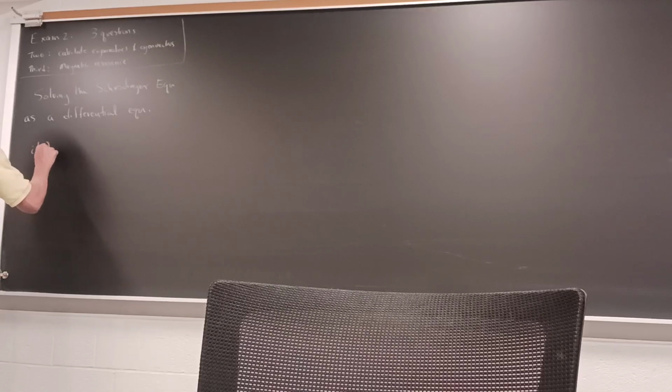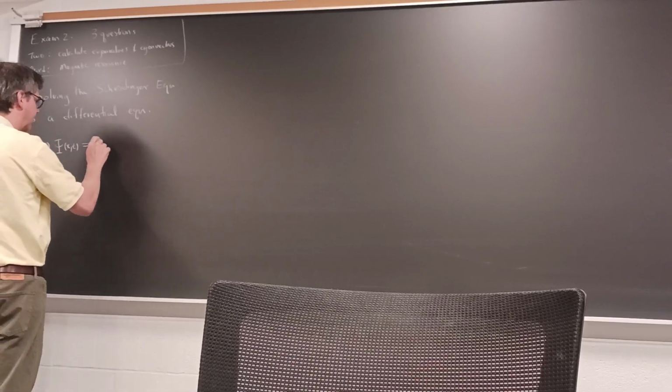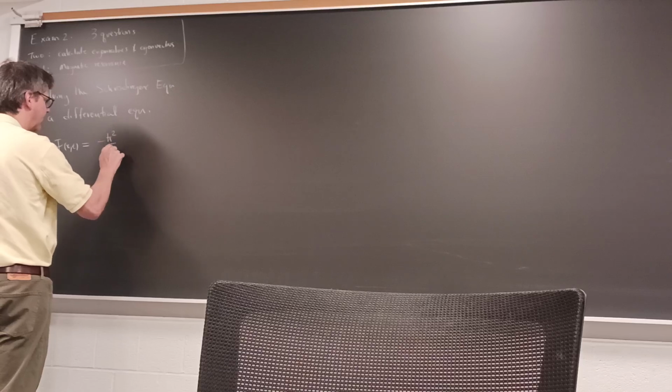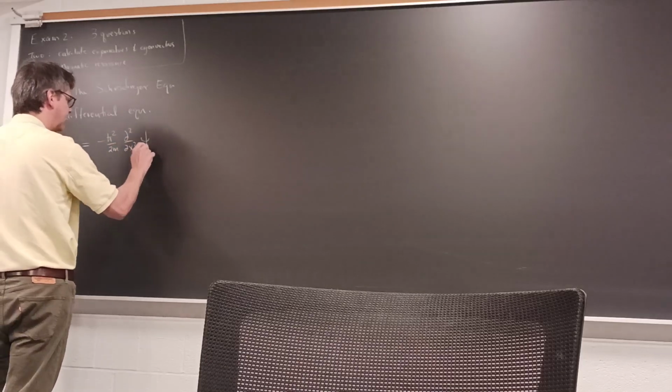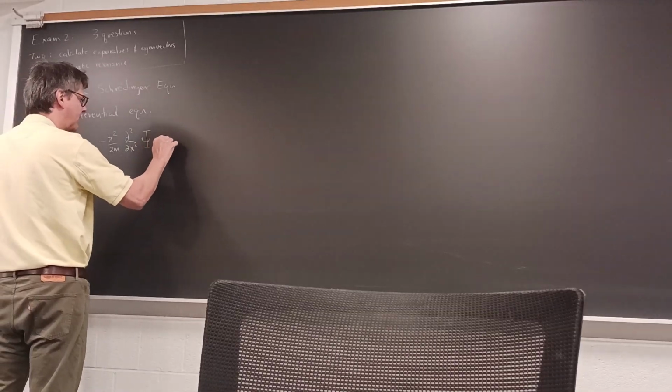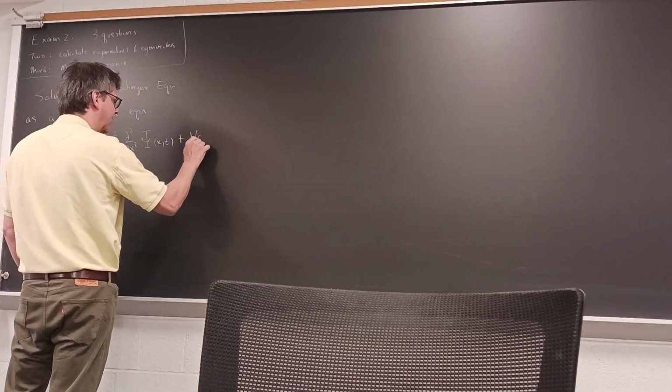Okay, so let's just look at it as a differential equation. If we write it down, it's i h bar partial with respect to t of psi of x and t is equal to minus h bar squared over 2m times the second partial with respect to x, plus v of x.